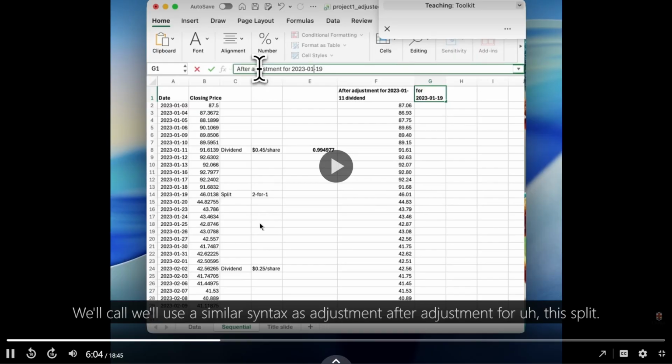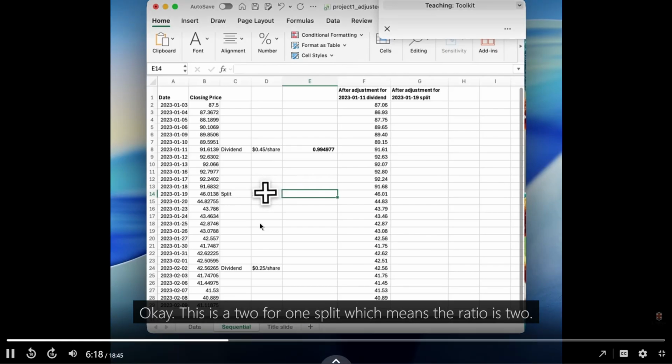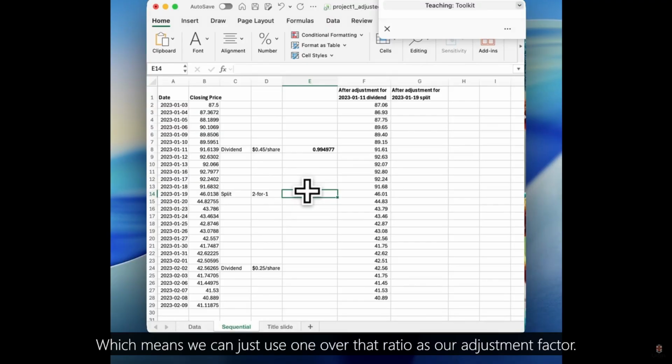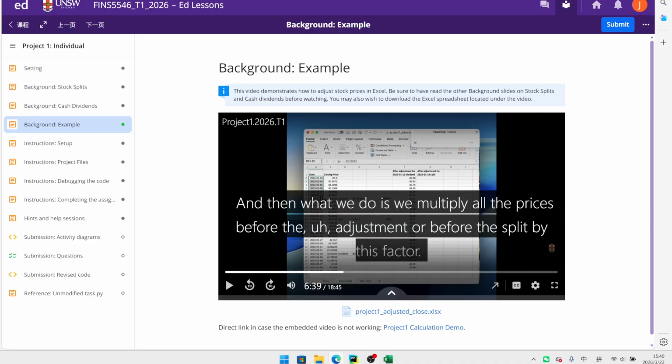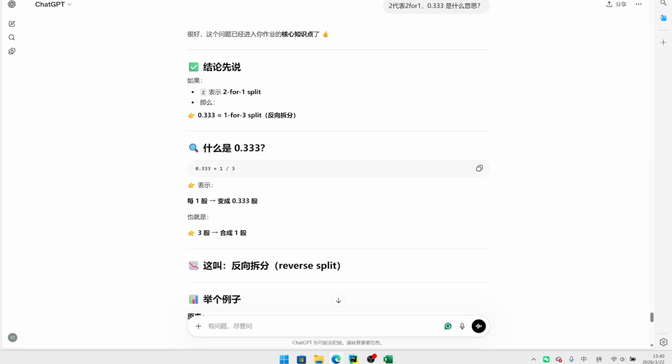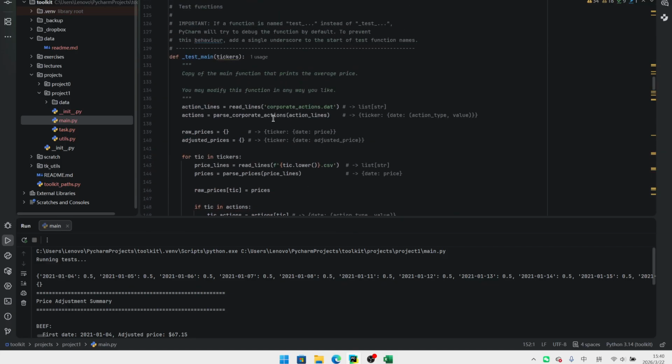Two for 1 is 2.1. This is a 2-for-1 split, which means the ratio is 2, which means we can just use 1 over that ratio as our adjustment factor. So 2 for 1. The 2 for 1 ratio is 0.2, so it represents the 2. So that's the difference in here.